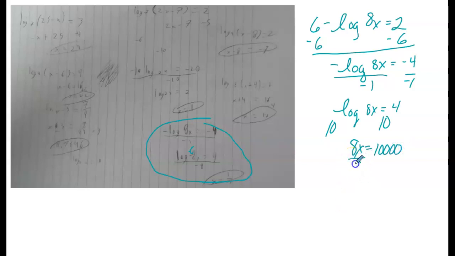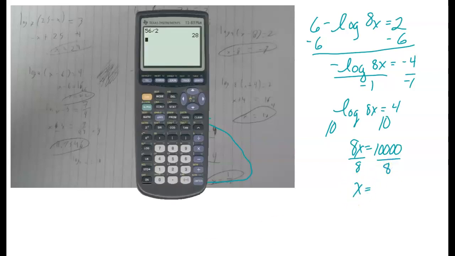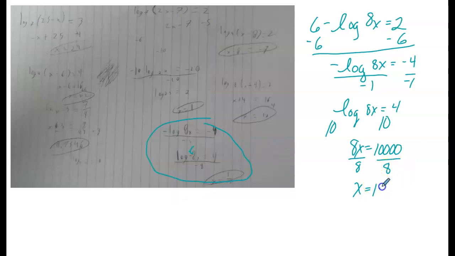Then we'll divide both sides by 8. And 10,000 divided by 8 is 1,250.